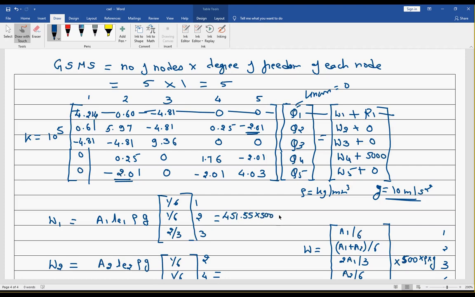And then rho is 7800 into 10 to the power minus 9 kg per mm cube. And the acceleration due to gravity is 10. So just let me know this value of W.